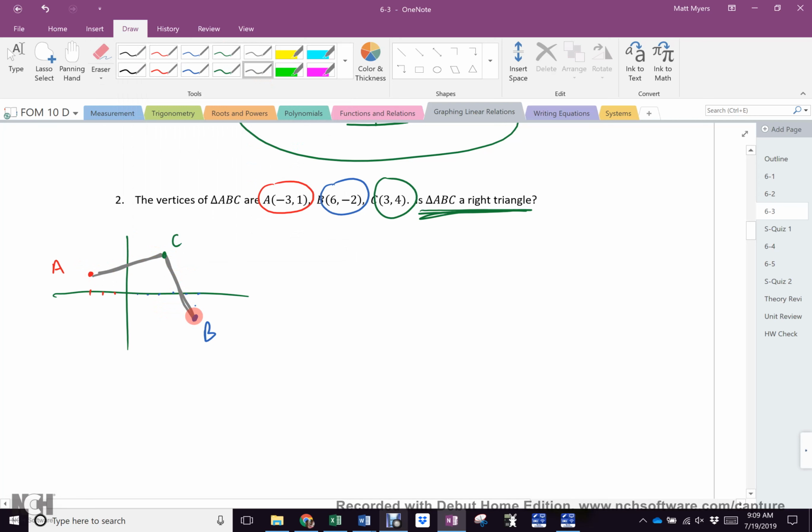So, I got to check which 2 slopes. AC and BC, right? Those are the ones I got to check, yeah? So, what is the slope of AC? What should I write here? I have two options. What's the first number I should write? You could write 3, but I would write it all out. So I would write 4 minus 1.